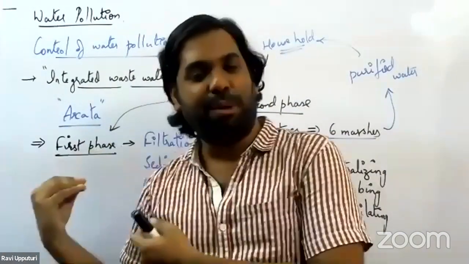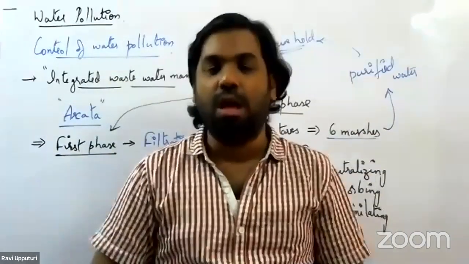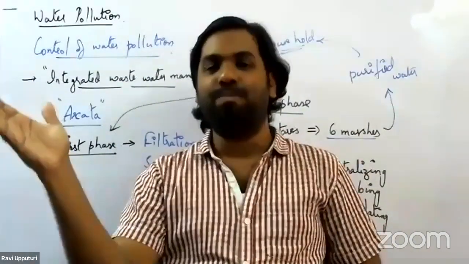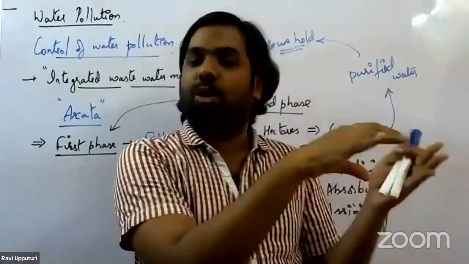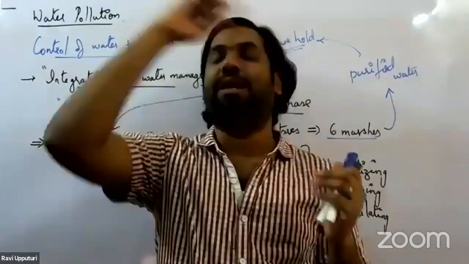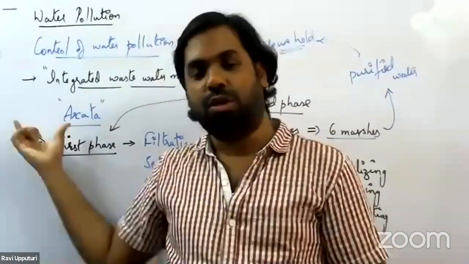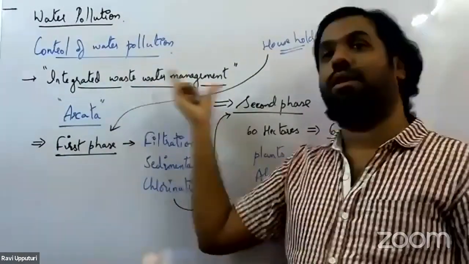So what exactly is happening here? The process of water pollution is being drastically reduced. All the polluted water, through this treatment plant, has been converted to pure water, and the same pure water, which was actually once contaminated water, is now being recirculated back to the houses of Arcata. So they started calling this integrated wastewater management.